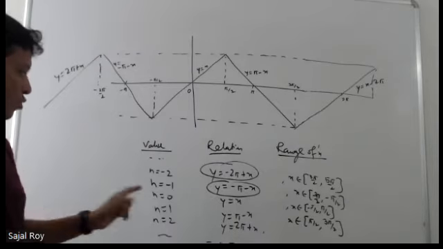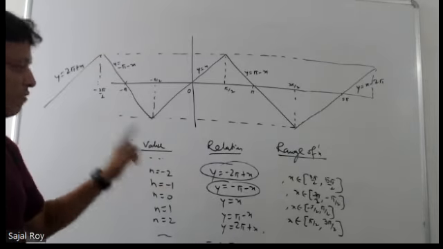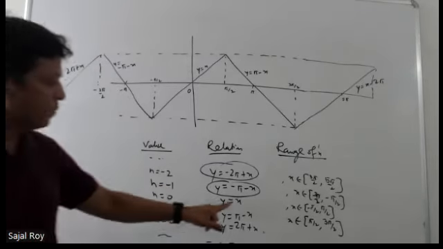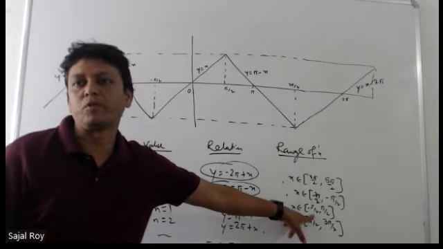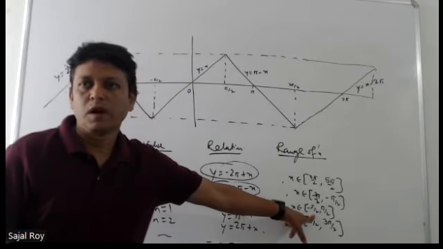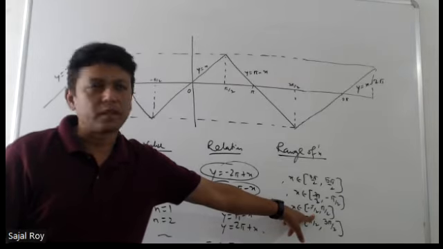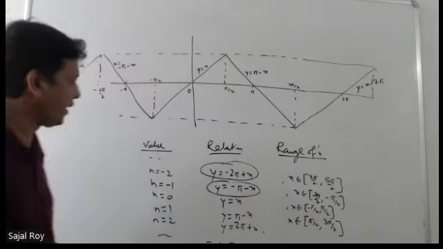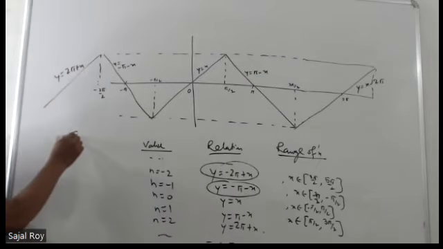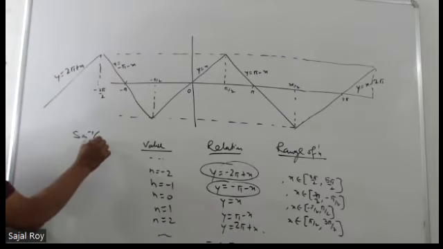So sine inverse of sine x will be x if and only if x lies in the closed interval minus π/2 to π/2. Otherwise, you can't write that. Suppose you are writing sine inverse of sine 10. 10 is in radian.